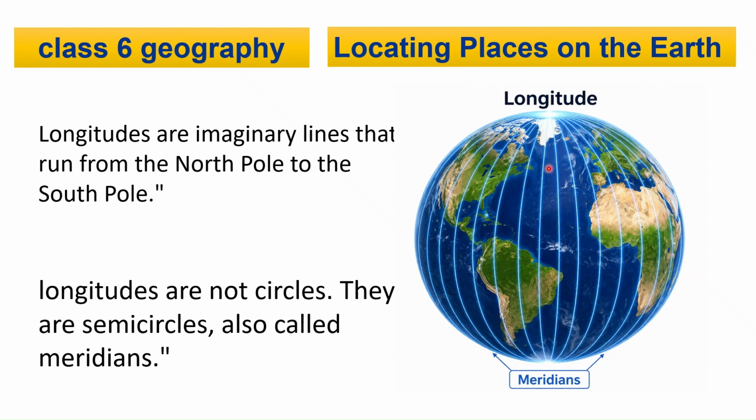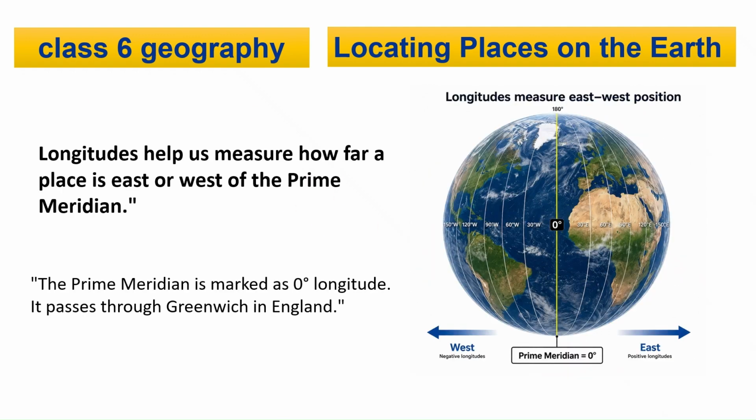And the most important longitude is the 0 degree longitude. It is called the prime meridian because in 1884 some nations decided that the meridian passing through Greenwich, an area of London in England, they called the Greenwich Meridian.